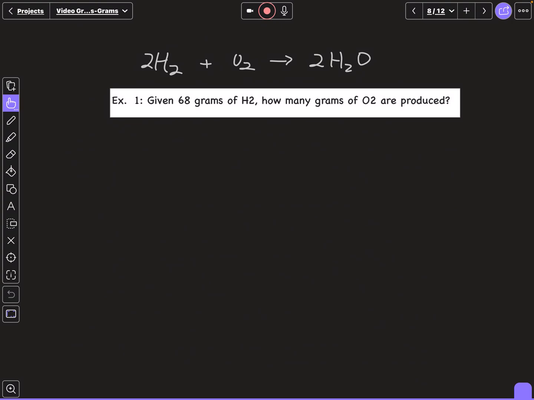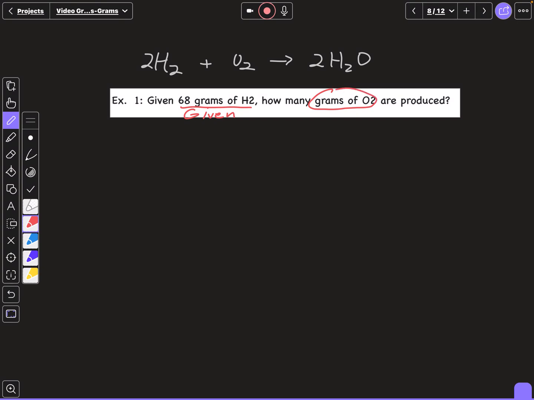So starting with the first problem, it says I have 68 grams of H2. That's what I'm starting with. That's what I'm given in the problem, my starting substance. How many grams of O2 are produced?